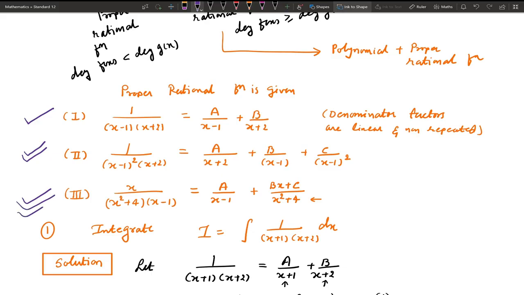So now we are able to solve examples based on the method of partial fractions. In the next lecture we will discuss more examples directly on the basis of the method of partial fractions.